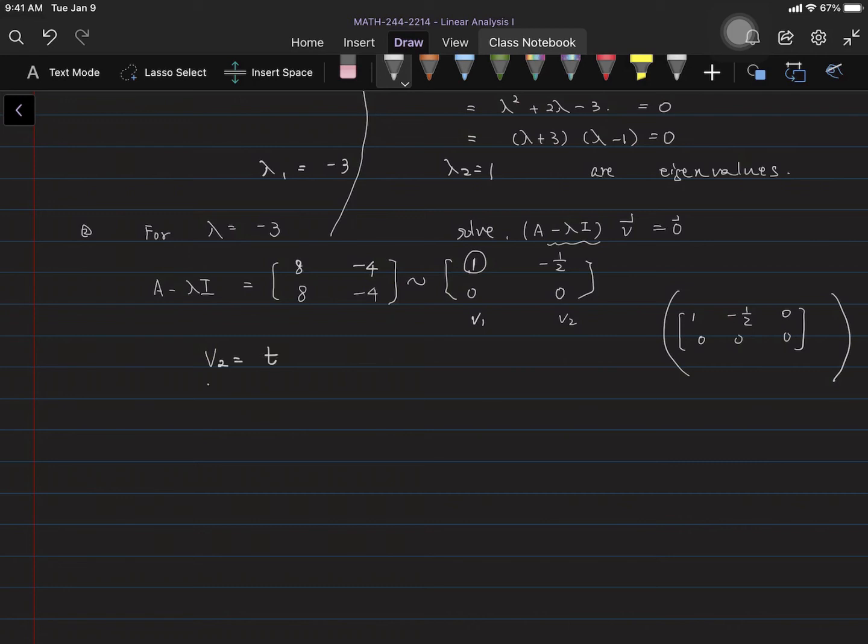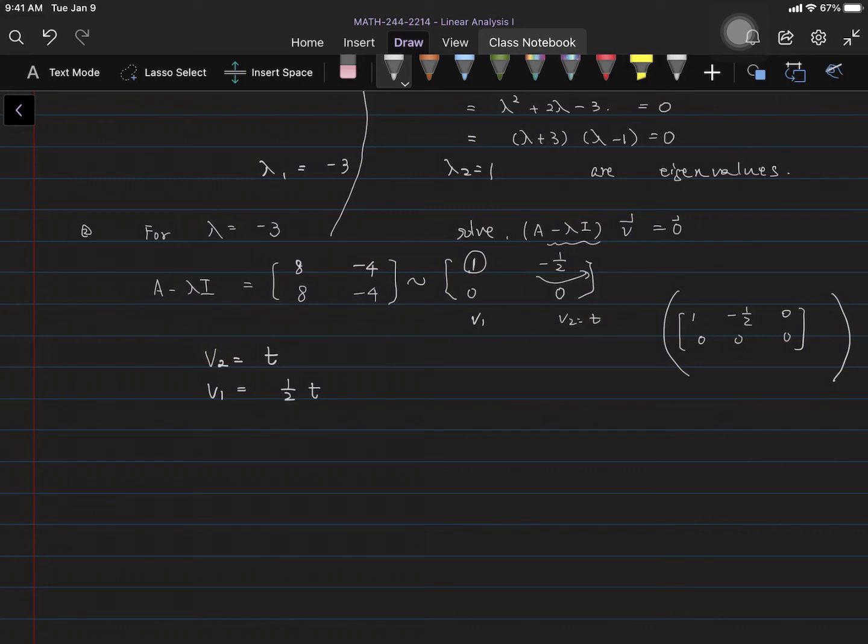And how about v1? v1 equals positive 1/2 v2, which means positive 1/2 t, right? So look at this, this equals t. Move this to the right side, it becomes positive, plus 0. The other side is always 0.